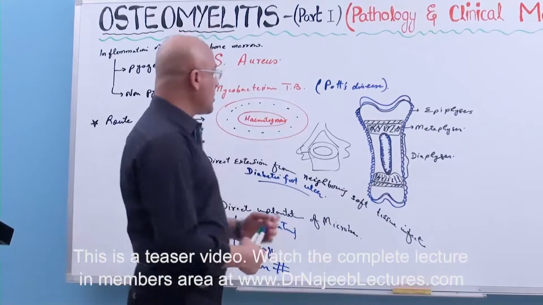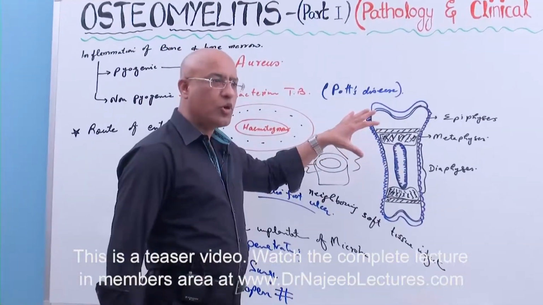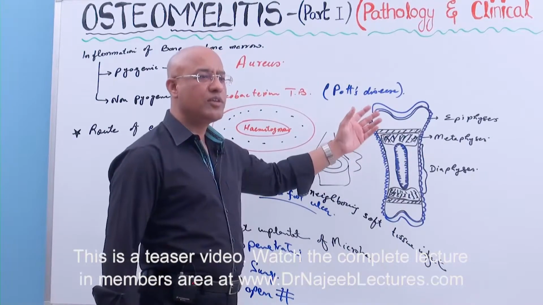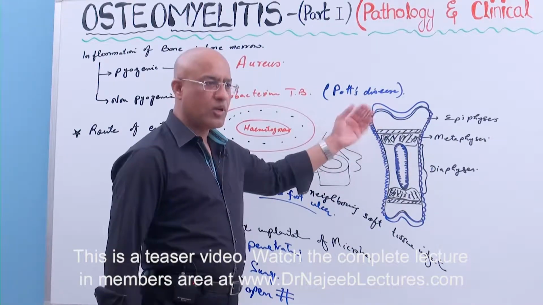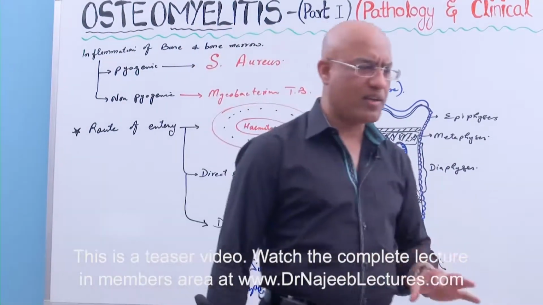Right now we will talk about a classical case of osteomyelitis in a young child. Let's suppose we take an example. There's a boy, it's more common in boys than girls.